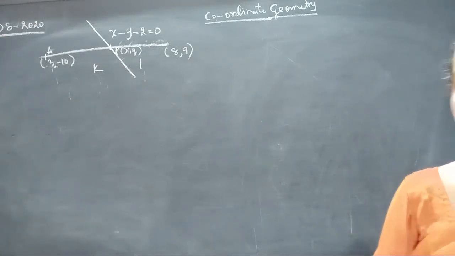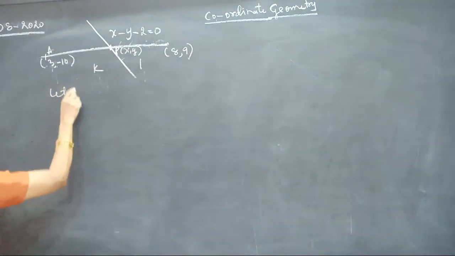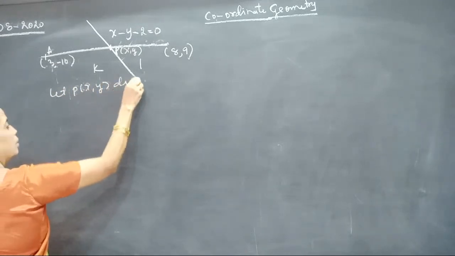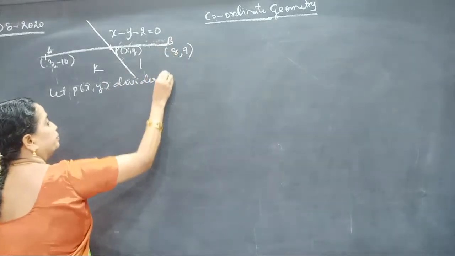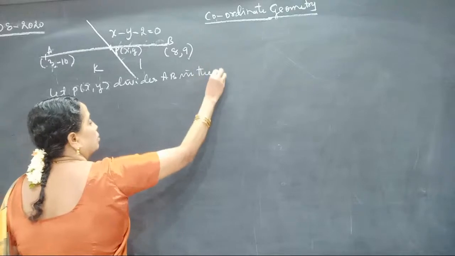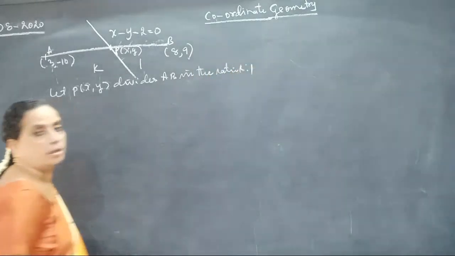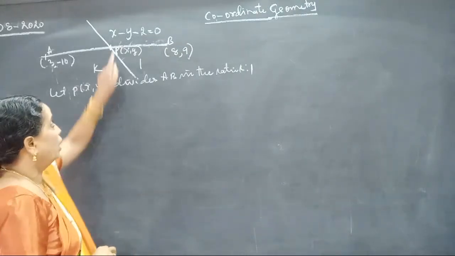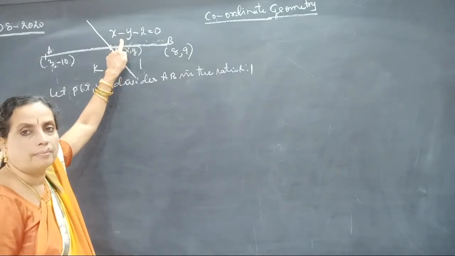Let P (x, y) divide AB in the ratio k is to 1. So that k is to 1 value, you have to substitute for x, y here. Then you will get the value of k.